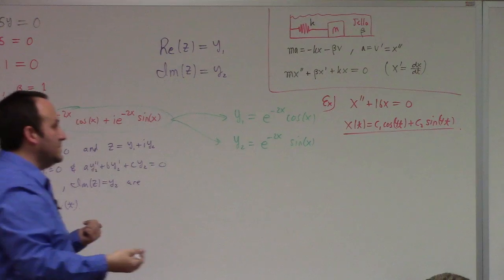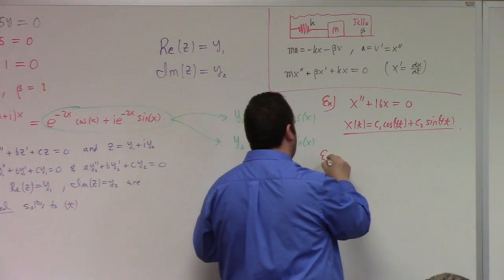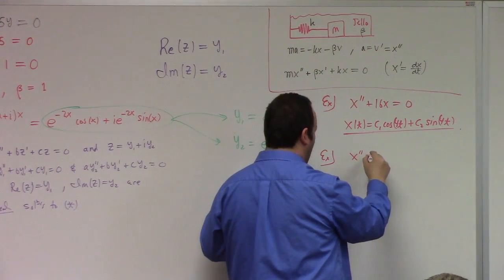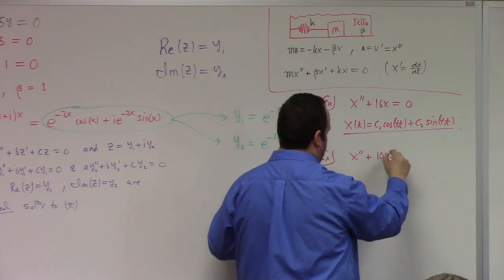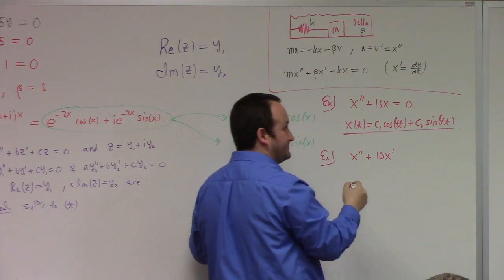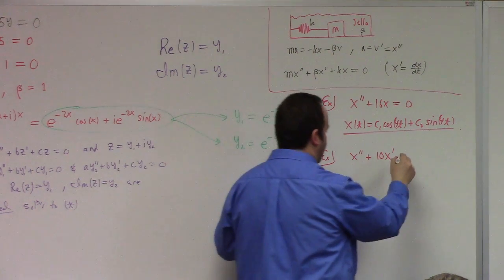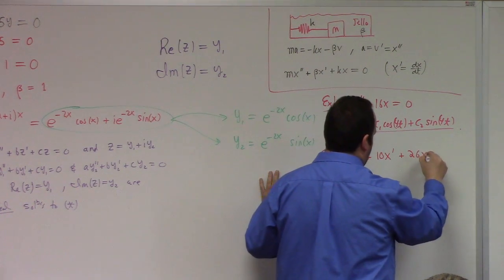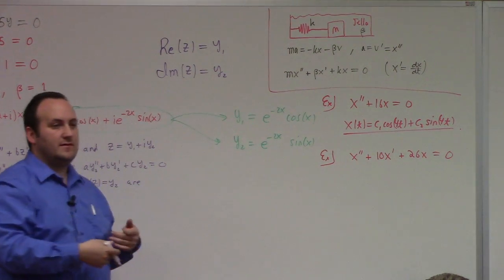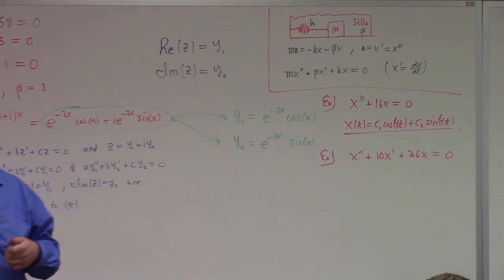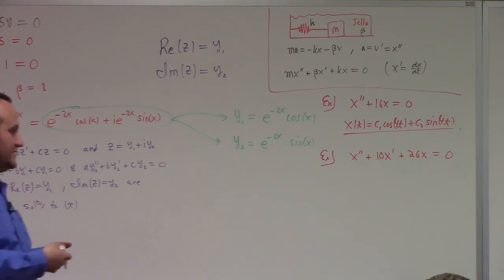If there is friction, you could have something like this: x'' plus, I don't know, 10x' plus 26 equals 0. So here I have a mass of 1, a damping coefficient of 10, and a spring constant of 26.